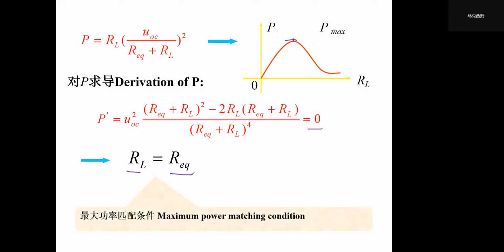So when RL equals R equivalent, it will reach the maximum power.